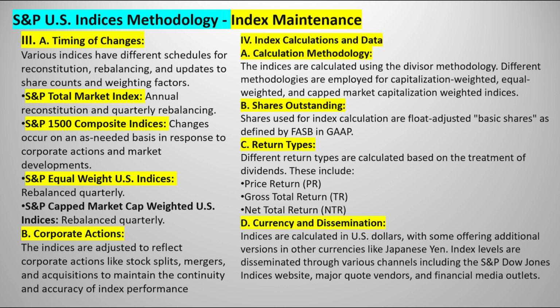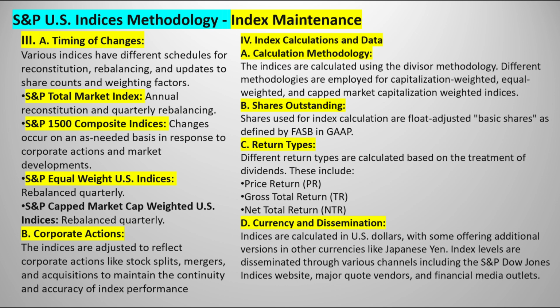So the divisor is like a magical tool that adjusts the amount of each fruit in the salad, keeping the flavor balanced, even if the price of one fruit changes dramatically. Exactly. The divisor is constantly working in the background, making sure the index value reflects the overall market movement, not just the ups and downs of individual stocks. So it's like a smoothing mechanism, making the index more stable and reliable as a benchmark.